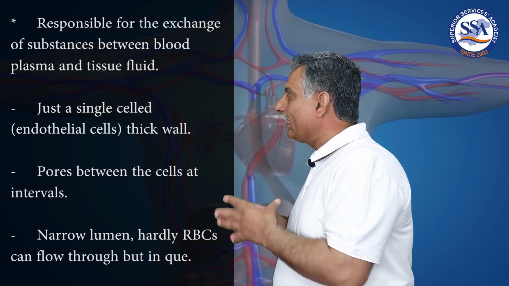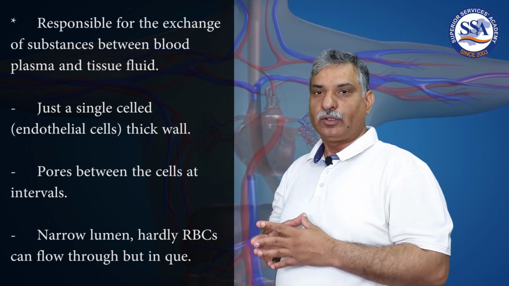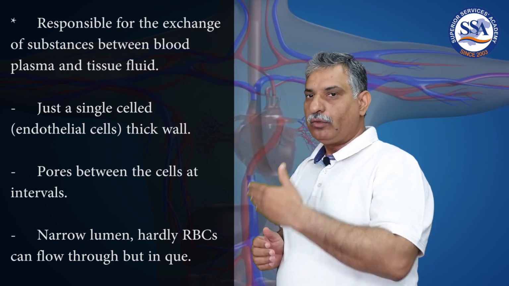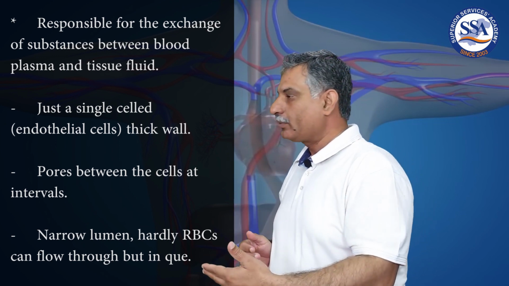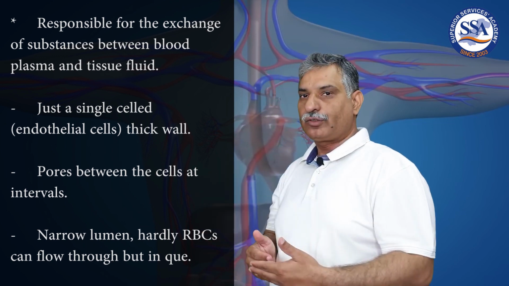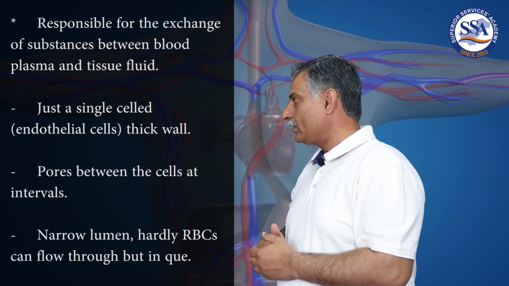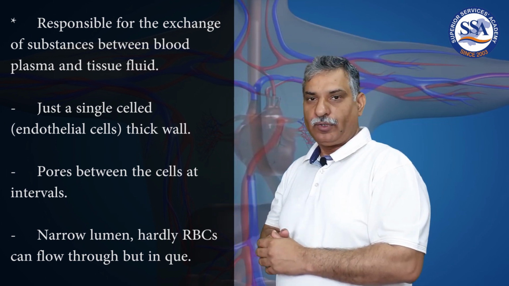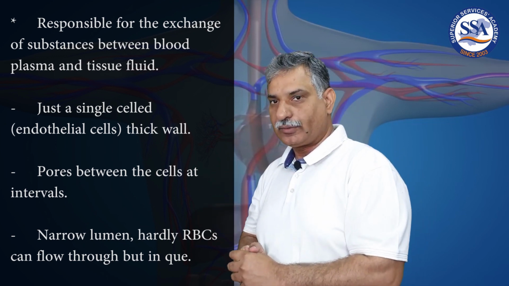Within the tissues, capillaries maintain the exchange of substances between blood plasma and the tissue fluid. Nutrients are moving out of blood plasma into tissue fluid, oxygen is diffusing out of blood plasma into tissue fluid, and the waste substances and carbon dioxide are diffusing into the capillaries, into the blood plasma in the capillaries.